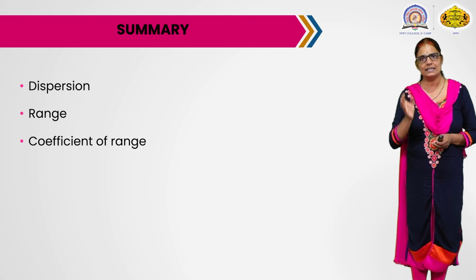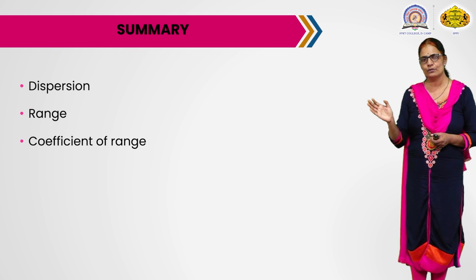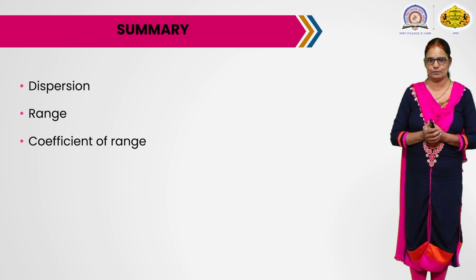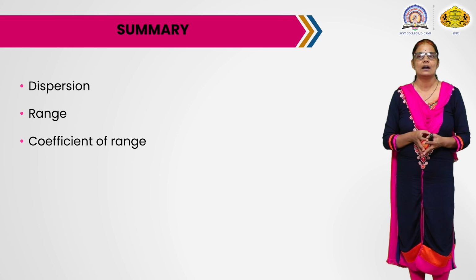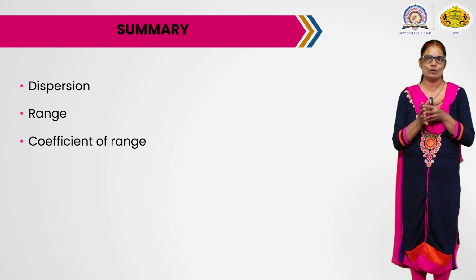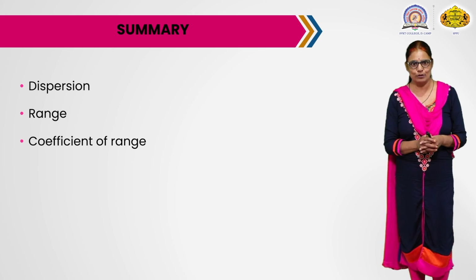Again, if data is described in a different form, you should write the lowest and the highest observation accordingly. That is especially in case the data is given as an inclusive type of frequency distribution. So in that case we have to write the largest and smallest by taking the class boundaries first.